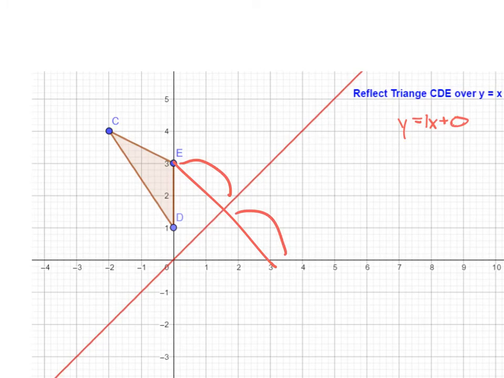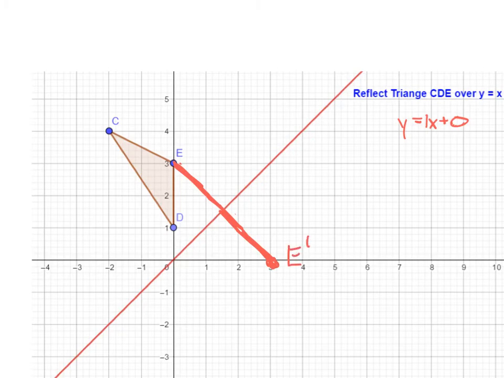I personally like to visually do the representation of reflecting across it by doing that straight line across like I just did. If you have the graph, it's really not that bad. So if we're counting the number of spaces, we have 1.5 spaces over here, so I go 1.5 spaces on this side, and that's where E prime would fall.